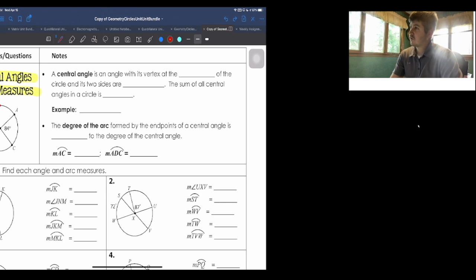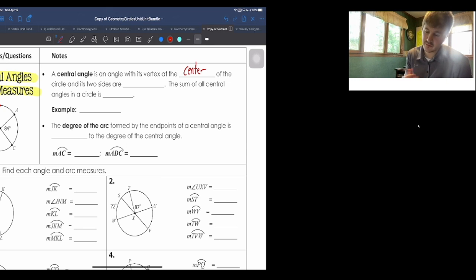So the very first part, we have this definition already written down in the beginning of the notes. If you want to rewrite it, go for it. If you feel like you know it, that's fine. But a central angle is an angle with the vertex at the center of the circle. It's the namesake of the whole definition.